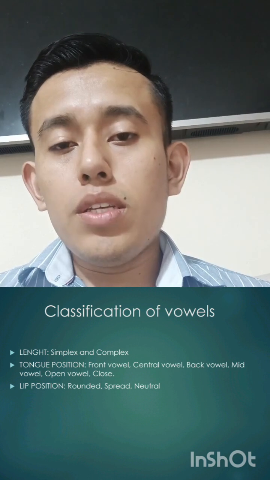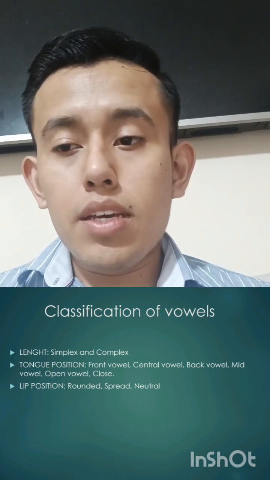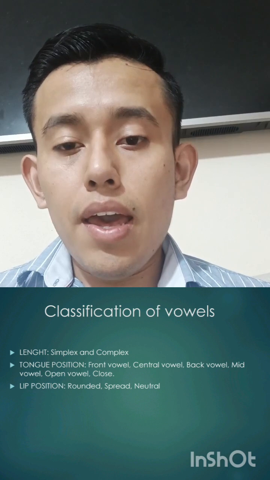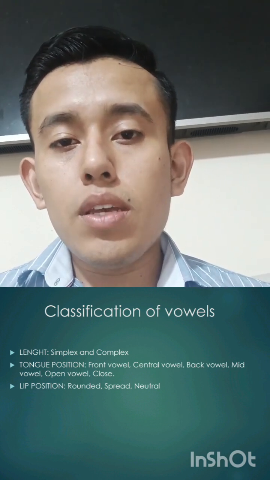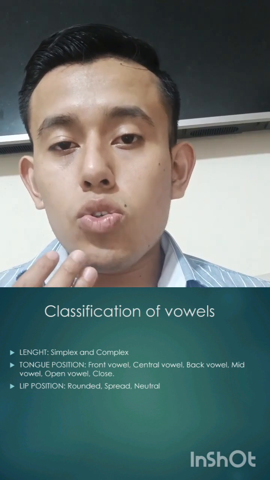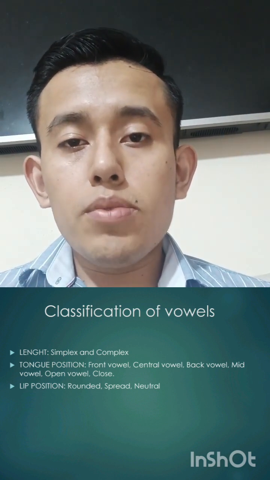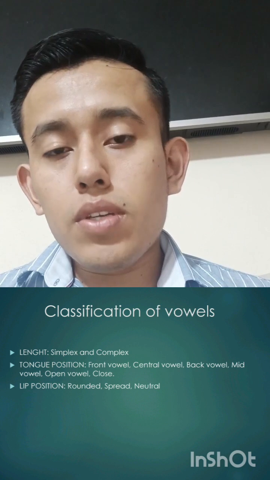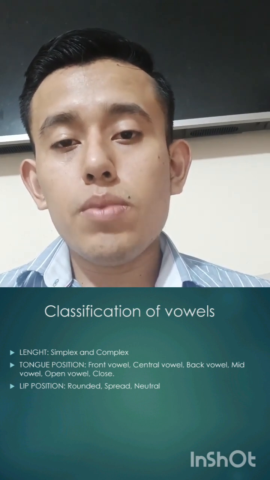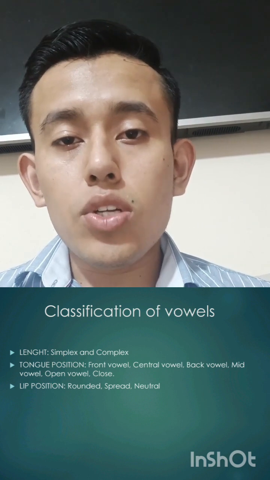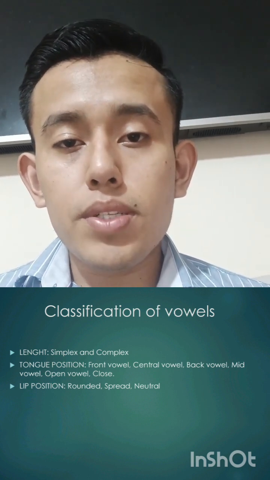In this case we have words like bar, egg, bus. Our lips are in a neutral position. Our lips don't move a lot. These words are easy to pronounce because your mouth is not in constant movement.